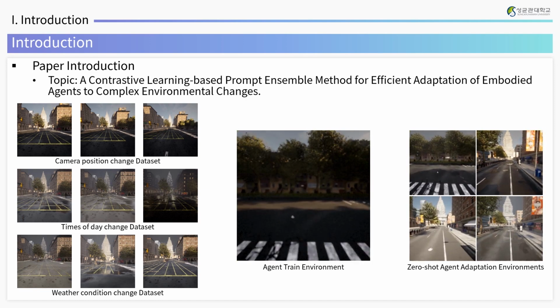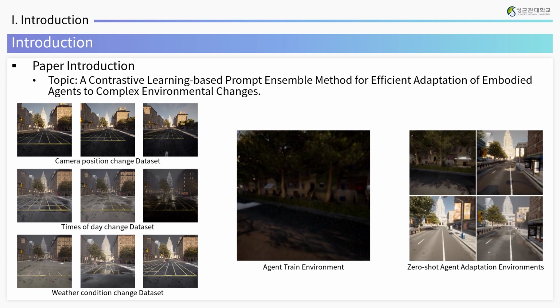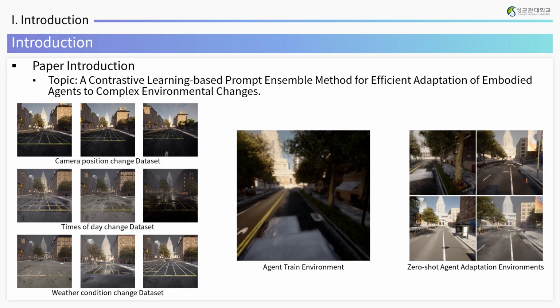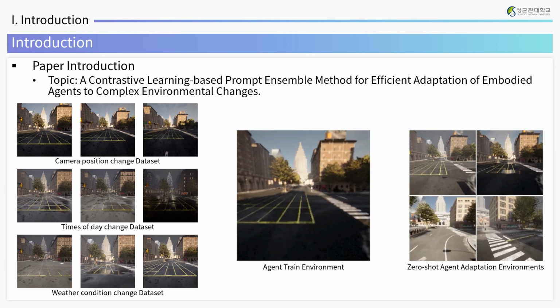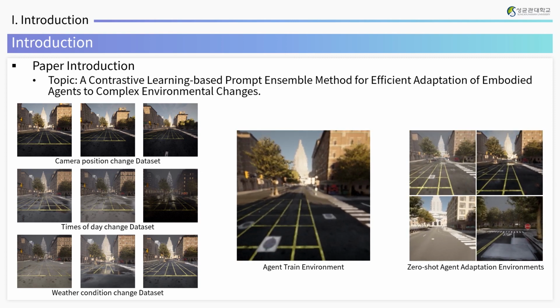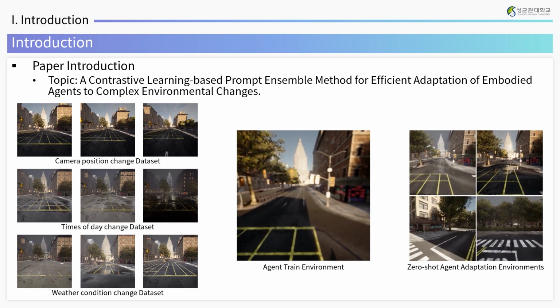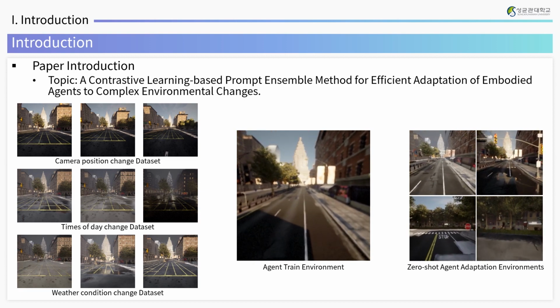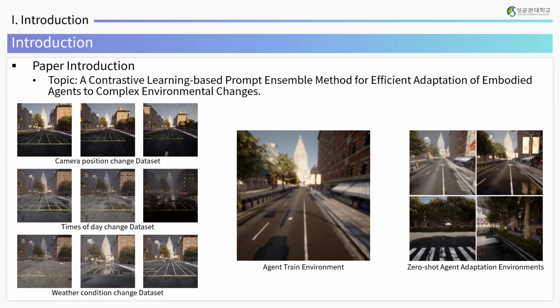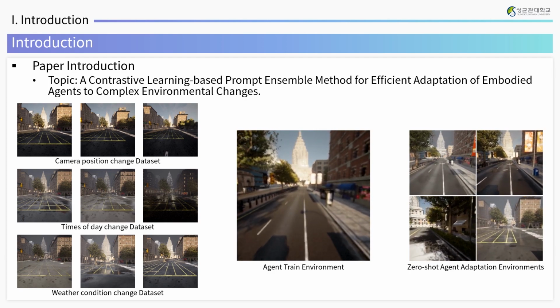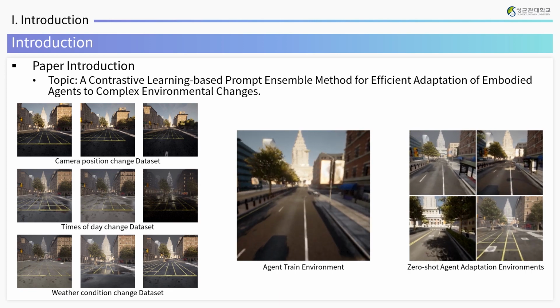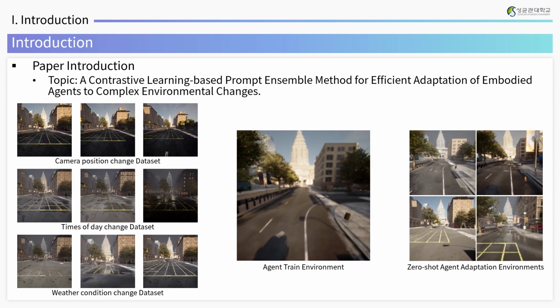Just like the agent adaptation examples you see on the right side of the screen, the agents might face new situations. In these situations, all sorts of different features from the real world come together in complicated ways. We have conducted research to address these challenges.